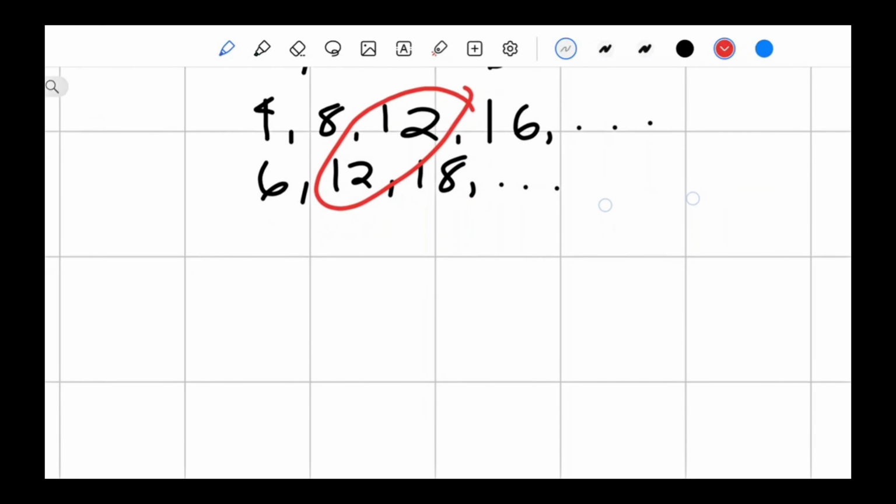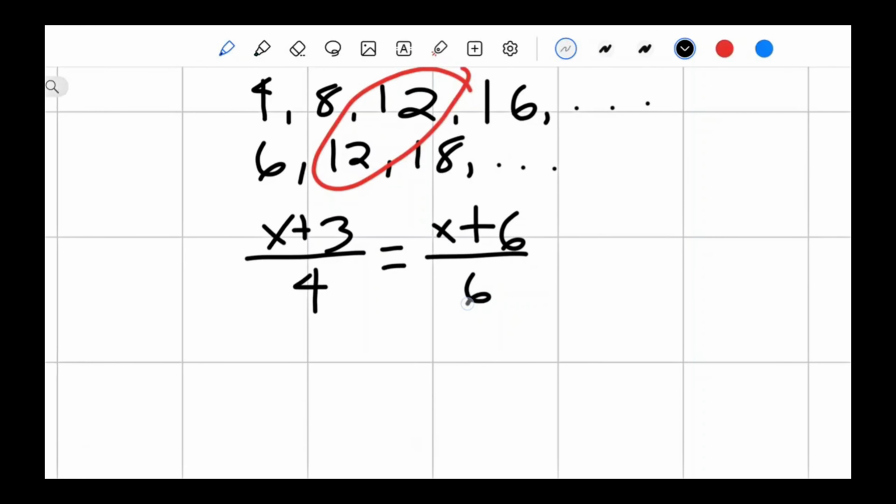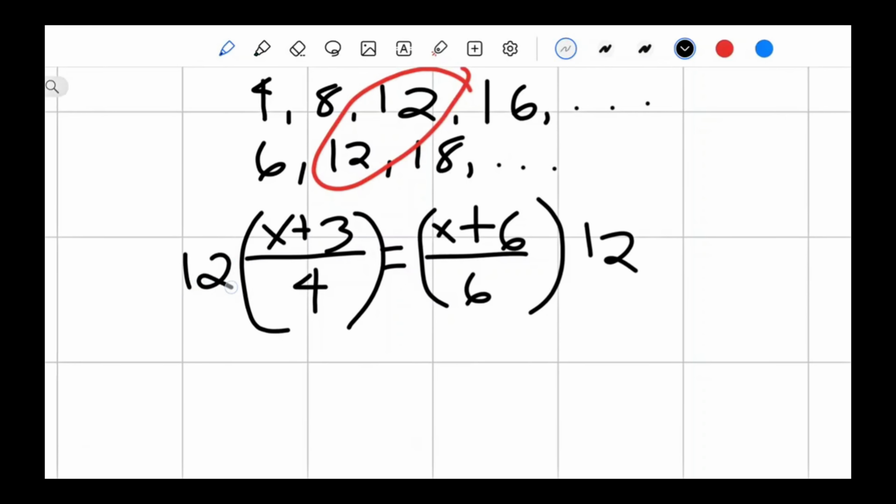Okay, so let's write again the equation. We have x plus 3 over 4 equals x plus 6 over 6. So we will multiply it by 12, both sides. Okay, so 12 times x plus 3 over 4.